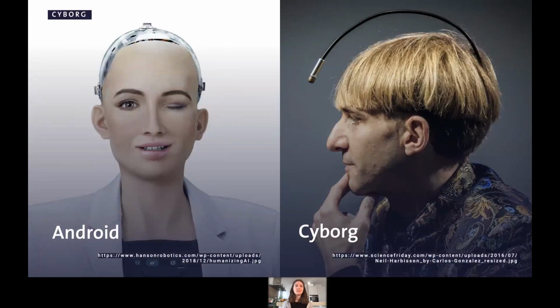There is also a difference between an android and a cyborg. So an android is technology that becomes more human-like.